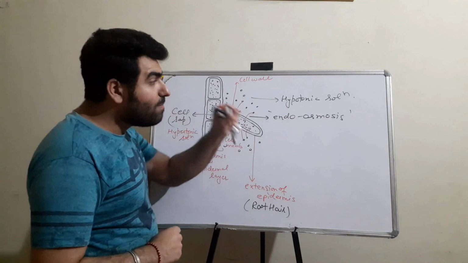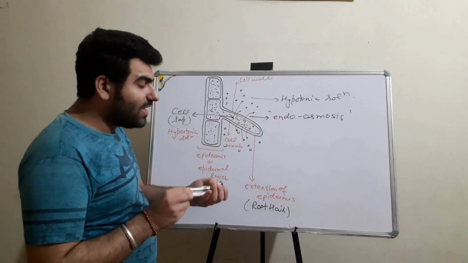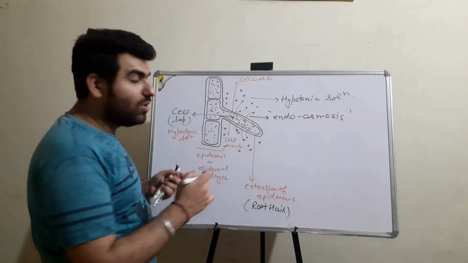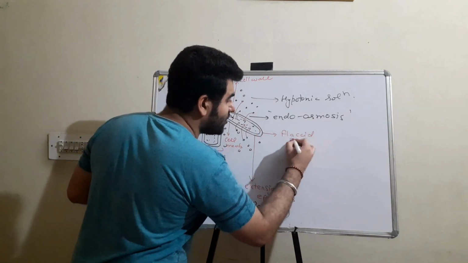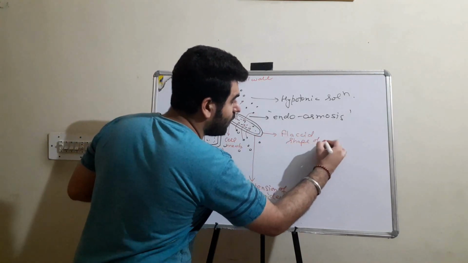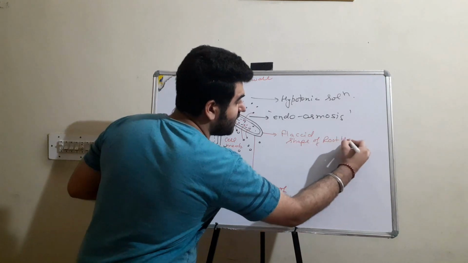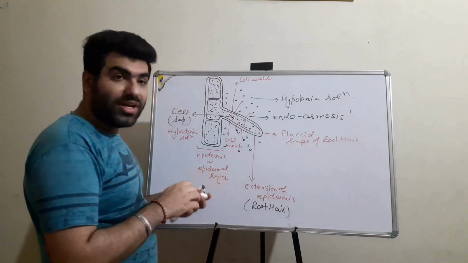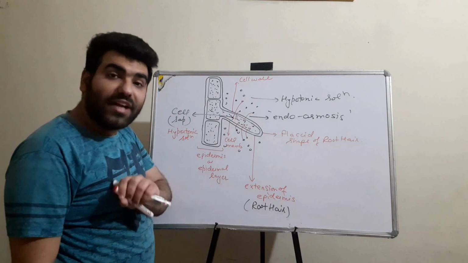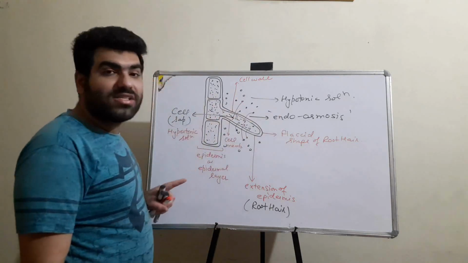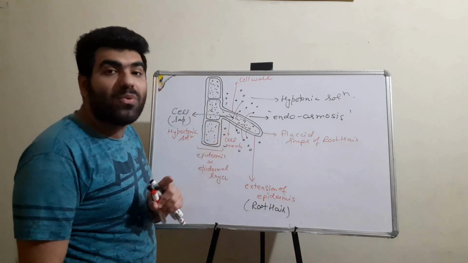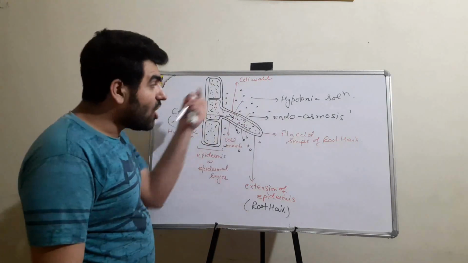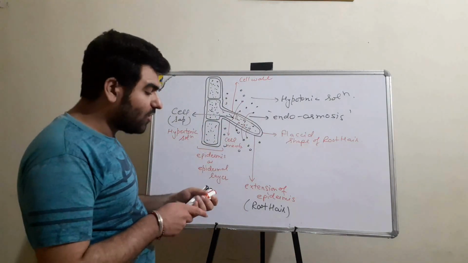Now, before the entry of the water, the shape of the root hair is flaccid, which is limp, soft and weak. By the process of endoosmosis, the water will be entering and this cell will become turgid because it will absorb the maximum amount of water.